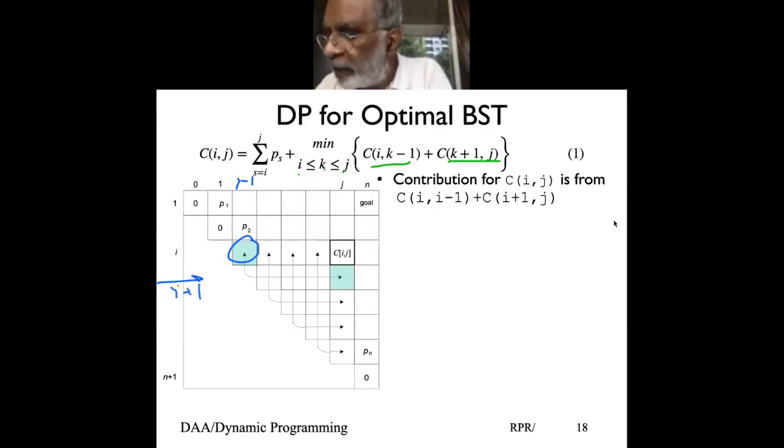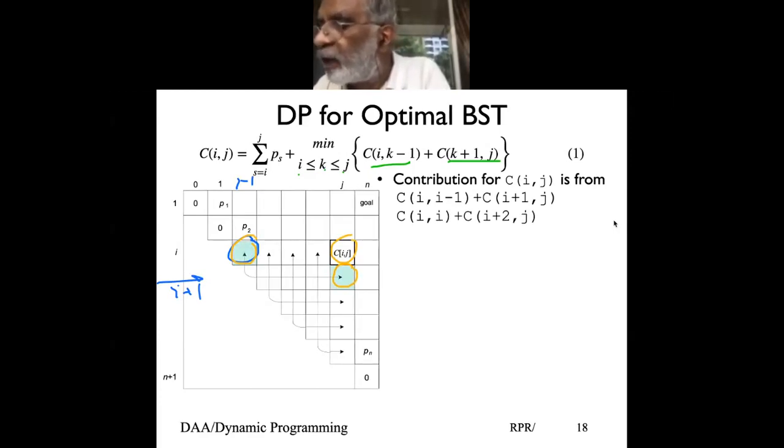So this C(I, J) would depend upon this value, min of these two, or min of C(I, I) and C(I plus 2, J), and so on and so forth.